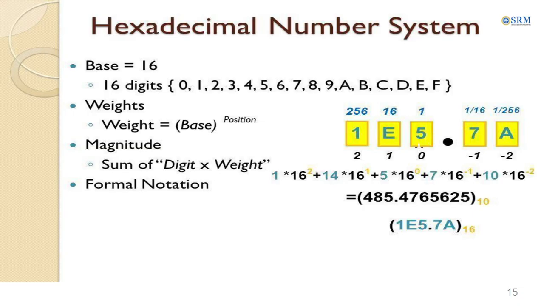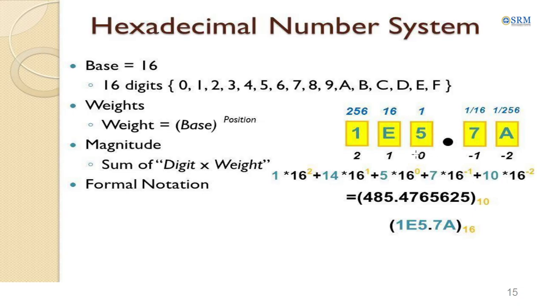1E57A. If we start from the Mantissa point, from the left side, the very first digit is 5, and the position of the digit is the zeroth position.